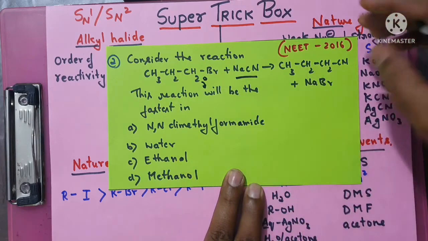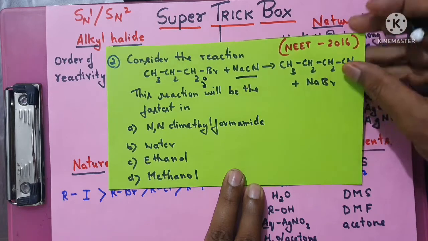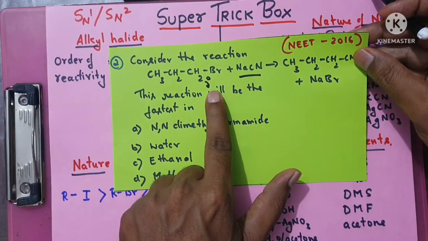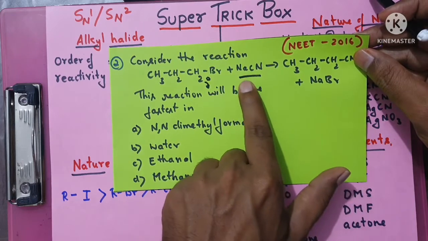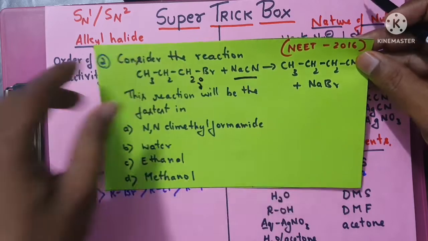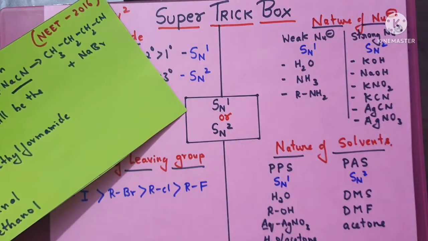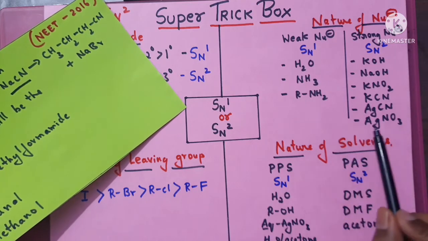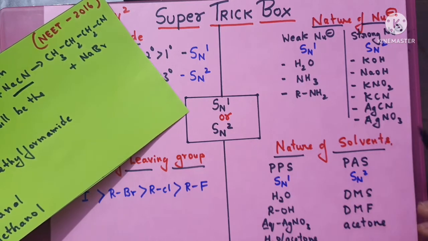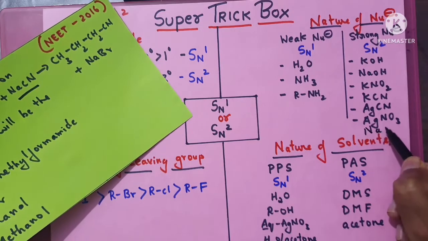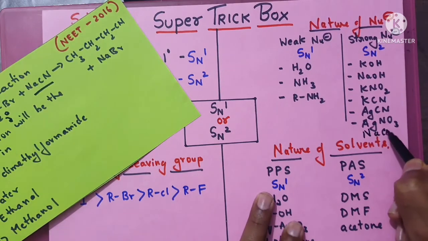Let us see how to use the trick box now. You can observe here a secondary alkyl halide, and it is going to react in the presence of a strong nucleophile, children. I'll add here NaCN.